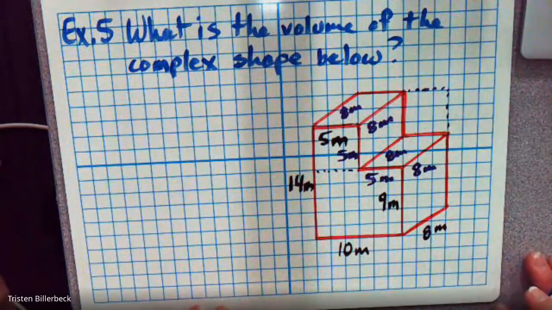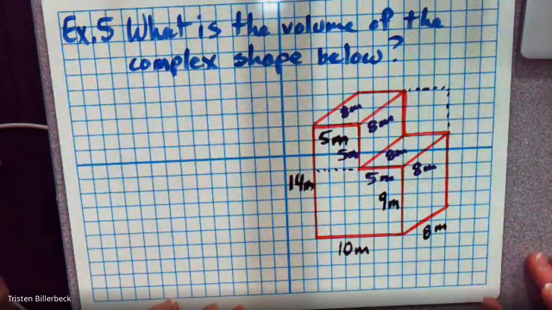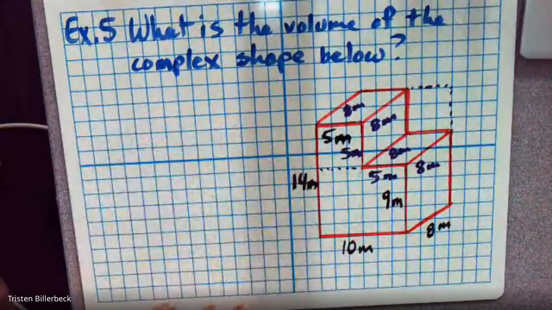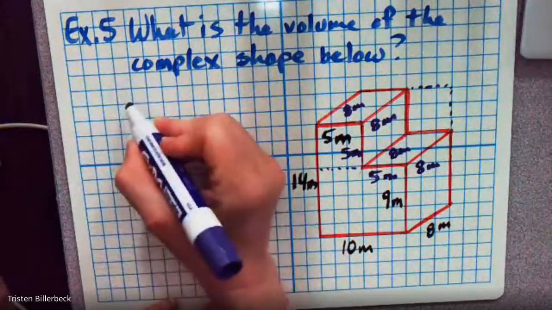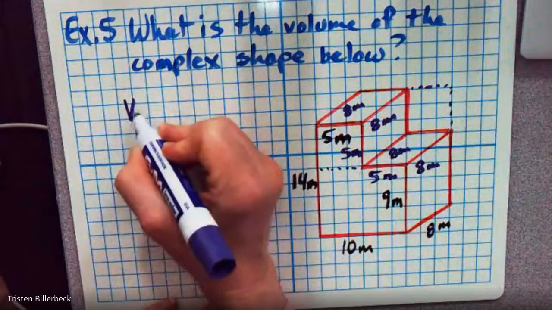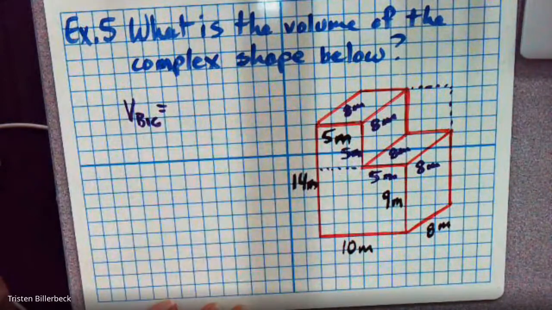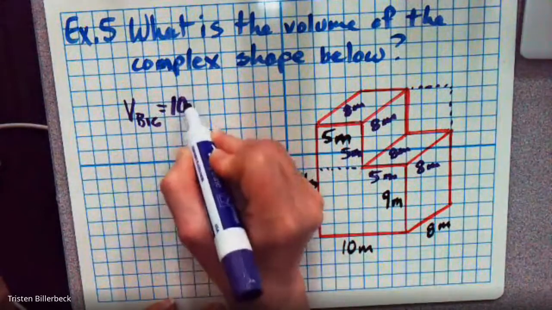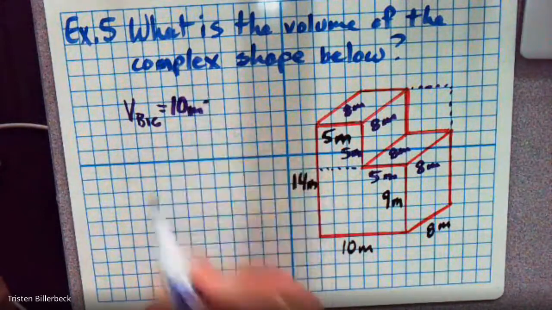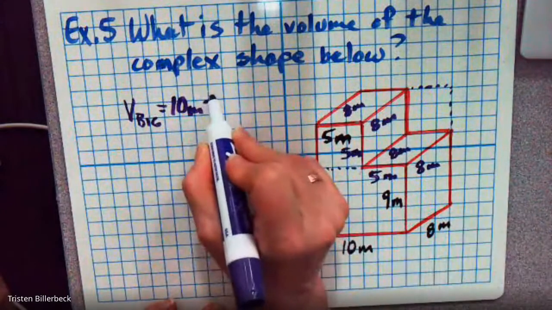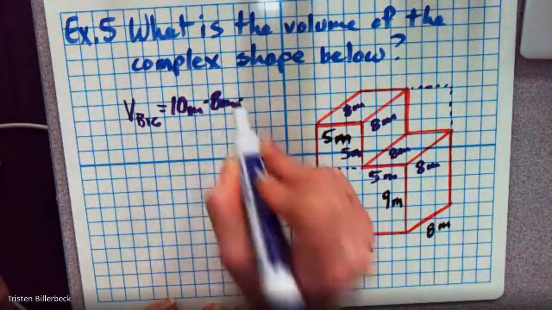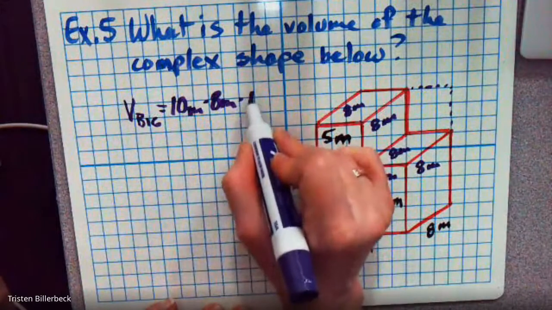All right, now that we have doubled and tripled and quadrupled dimensions, now let's figure out what we have here for volume. So the volume of the big shape, we're going to do that. So we have the length is 10 meters. The depth or width is 8 meters. And the height is 14 meters.